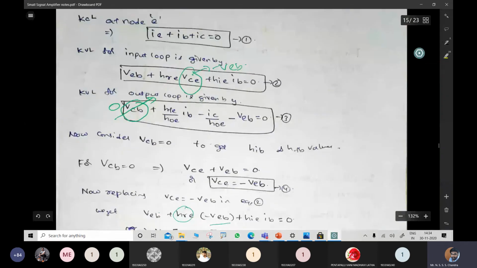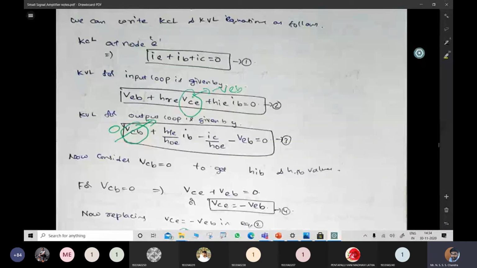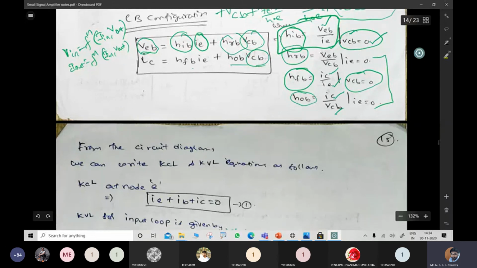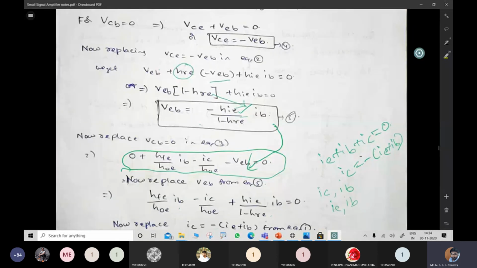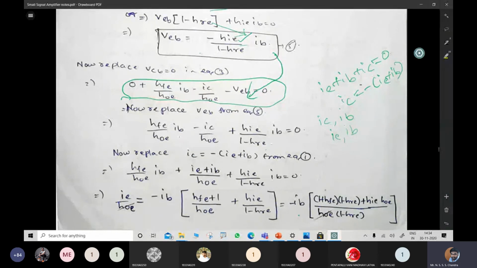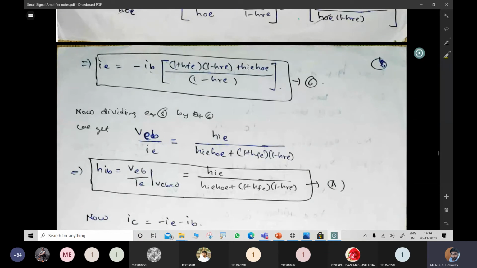So we have got an expression for VEB. We have got an expression for IE. We are dividing these two equations. So we have got this fifth equation, and then we have got equation number 6.